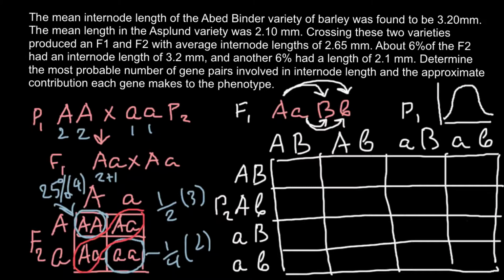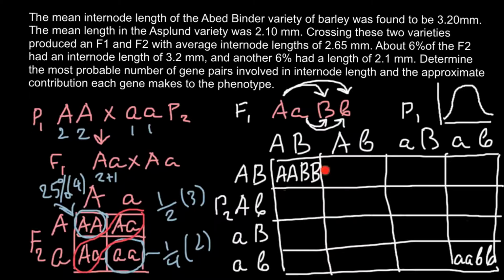Here we would have extreme genotypes, that is capital A capital A capital B capital B. Another extreme genotype would be small a small a small b small b. And I don't want to take your time, but you understand that the rest would be different variants intermediate between these two extreme genotypes.